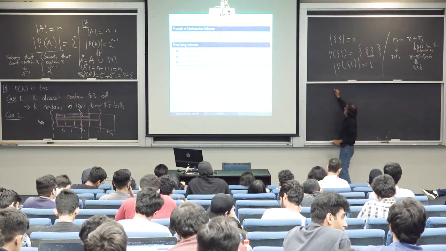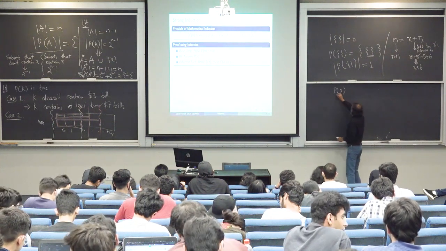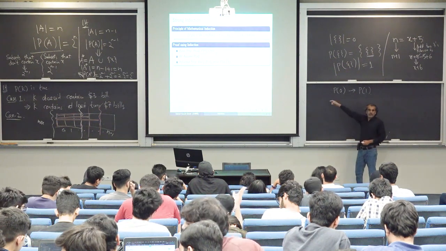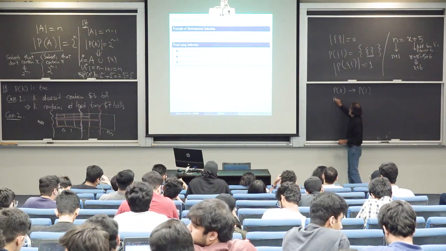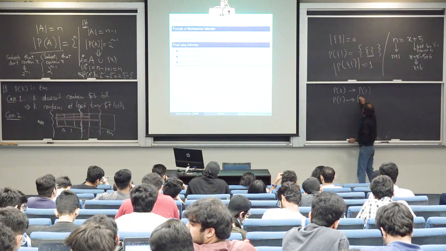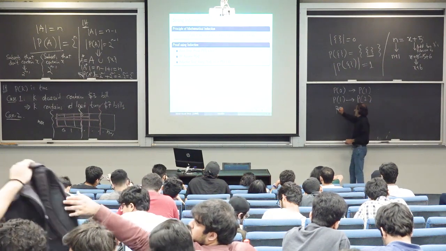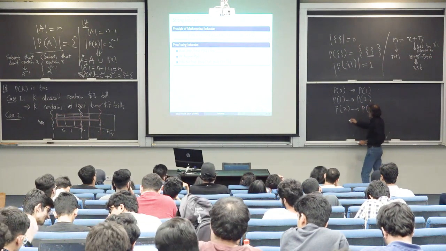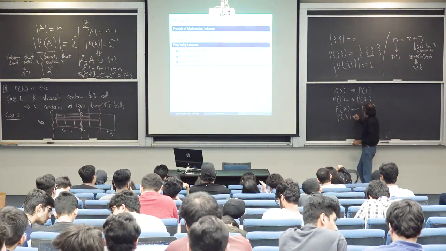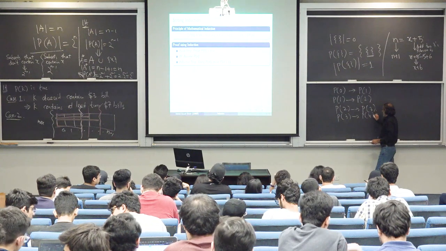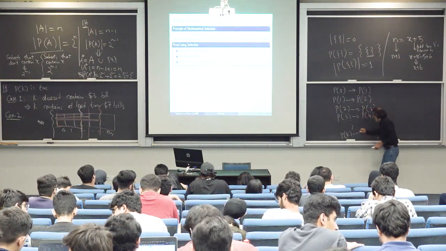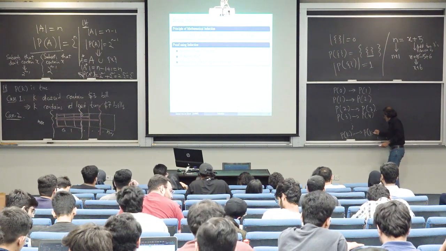So if P naught is true, then what does that mean? P1 is true, that's what it means. If P1 is true, then P2 is true. If P2 is true, then P3 is true. If P3 is true, then P4 is true. And if some Pk is true, then Pk plus 1 is true.